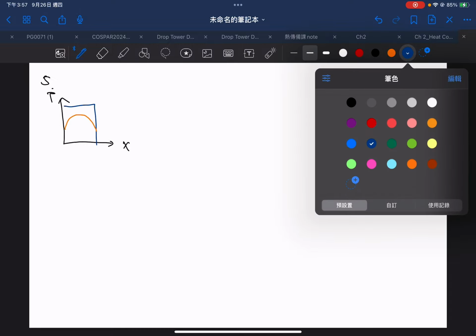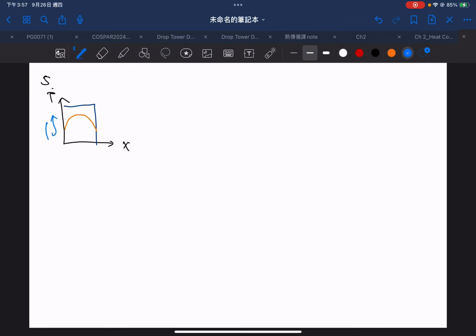Then you can probably suspect here we have convection and the other side has convection as well. So here we have H and H. Okay. Then by looking at this figure, you probably notice the maximum temperature will be here in the middle. So here will be partial T partial X equals 0.